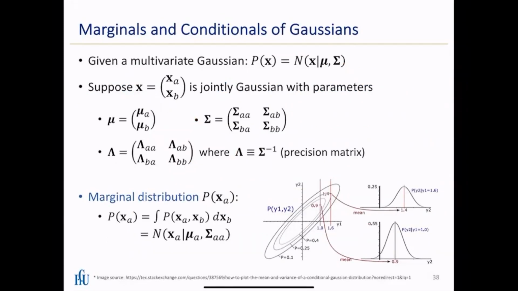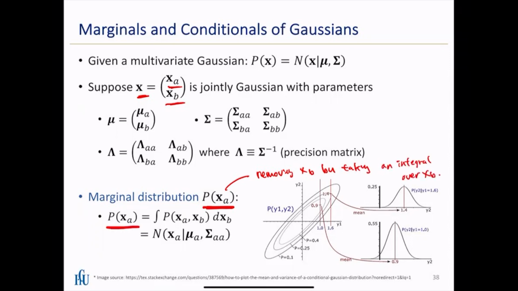Well, another property of the multivariate Gaussian distribution, since we are playing with multiple variables, is this. Say x consists of xa and xb. Given the marginal distribution of xa, we are removing xb by taking the summation of it.